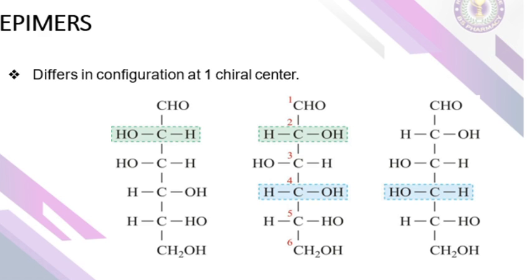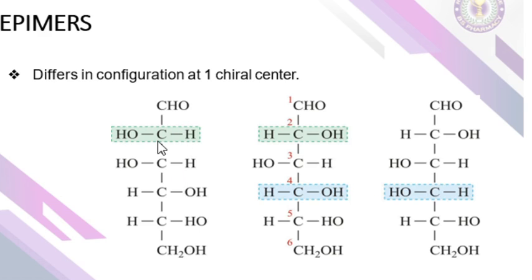But we have other terms such as epimers. An epimer is still a stereoisomer term, but specifically, epimers only differ at one chiral carbon. For example, this is your glucose in the middle. The structure beside it is an epimer of glucose, because if you look at the structures, they differ only at carbon number 2.